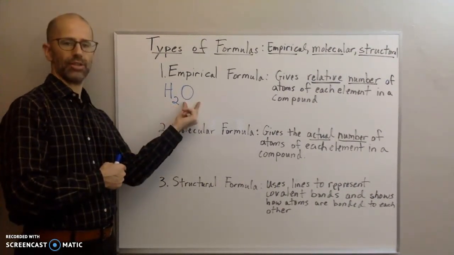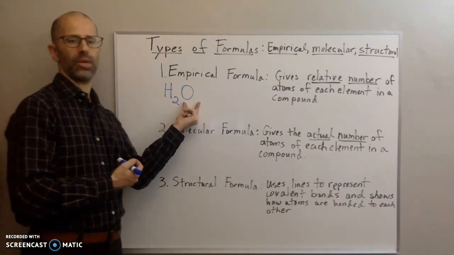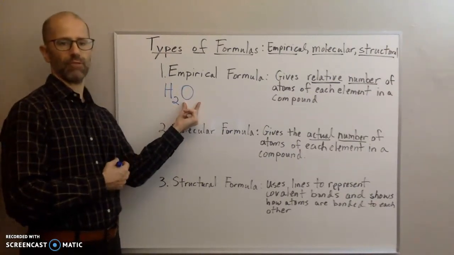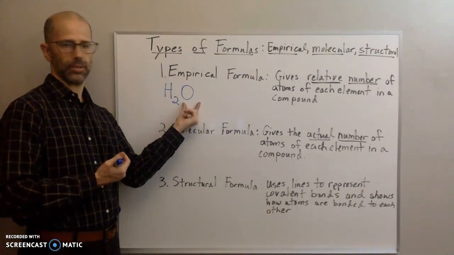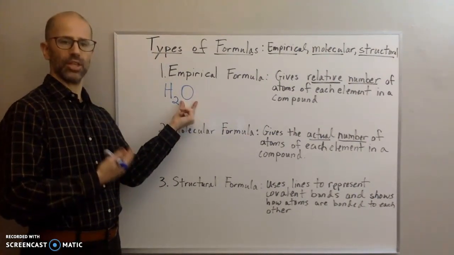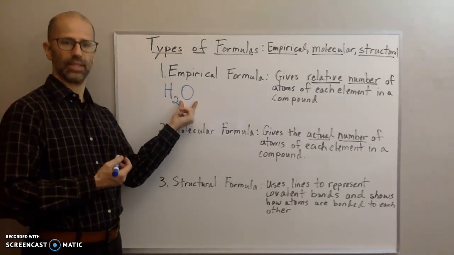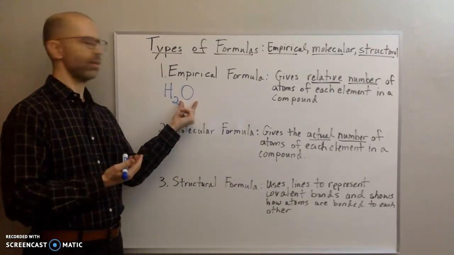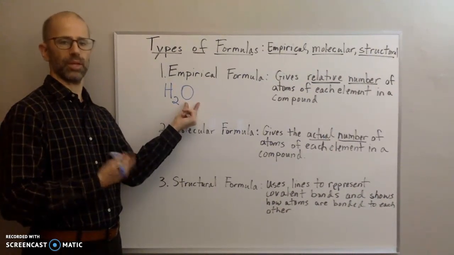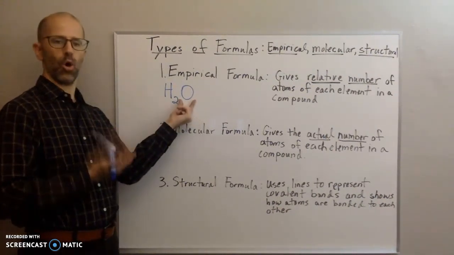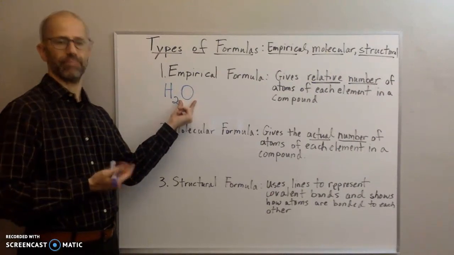Here we have an oxygen. This says that we have 1 oxygen in our formula. We don't write ones. The fact that we have the O there in our formula tells us that we have at least 1. If we had more than 1, then we would need a subscript. But if there's only 1, the O there is enough to suggest that.